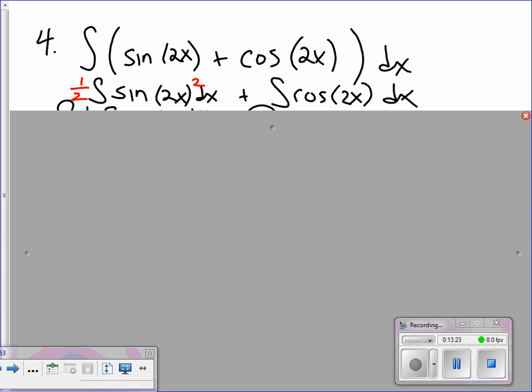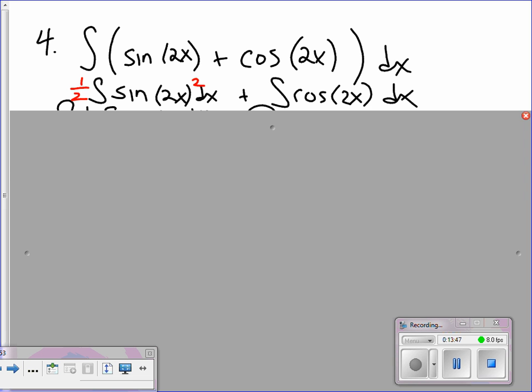So for this first integral, you have 1/2 the integral of sine u du. You just got to make sure you always have the derivative of the inside function sitting there. And then you got to know what the antiderivative of sine is. It's negative cosine. So you'll wind up with the half, a negative cosine of 2x.